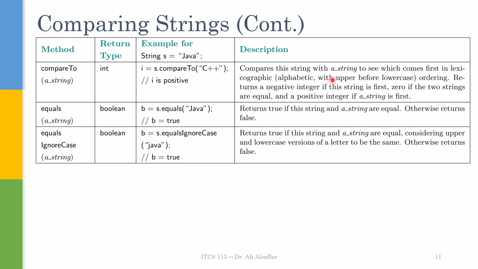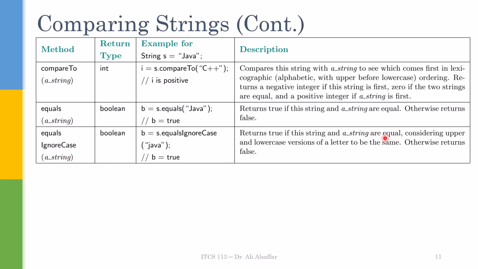The description for each of these methods is listed here. For equals, it says it returns true if this string and the input parameter string are equal. Otherwise, it returns false. And this depends on the ASCII code of the letters inside the two strings. For equals ignore case, it also returns true or false, and the input parameter is a string.